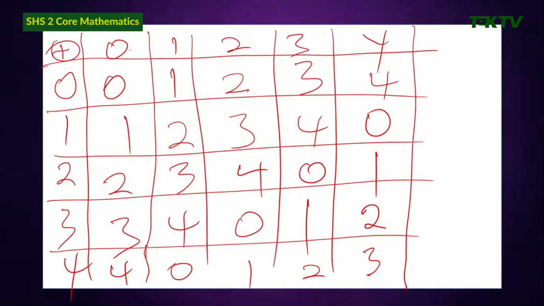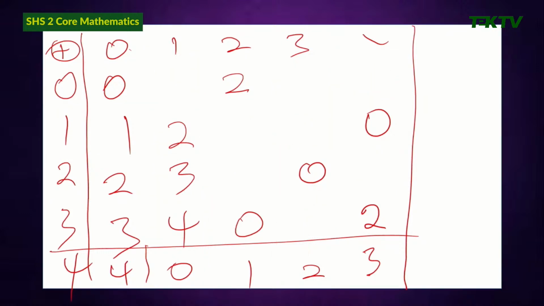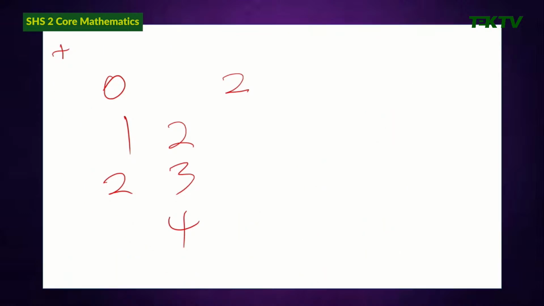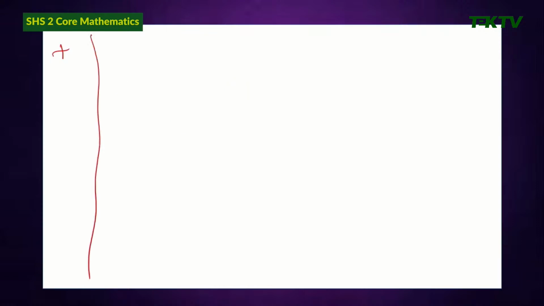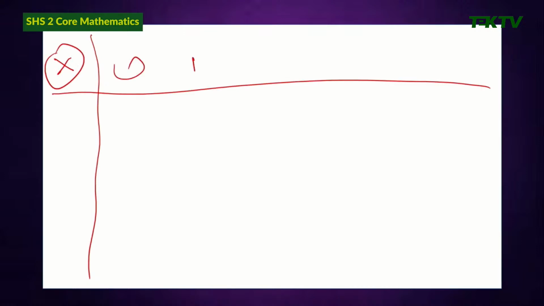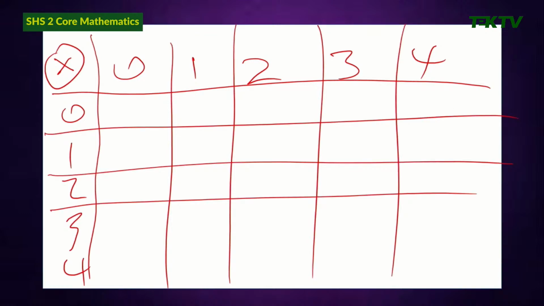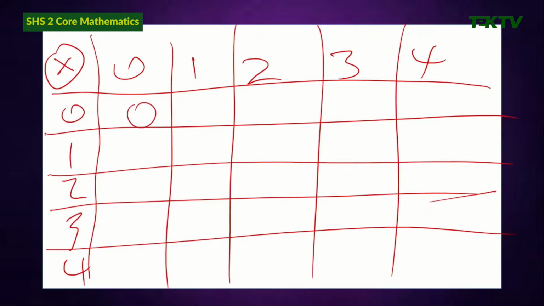Let's look at the multiplication one. That one also goes like this. 0 times 0, 0, 0 times 1.